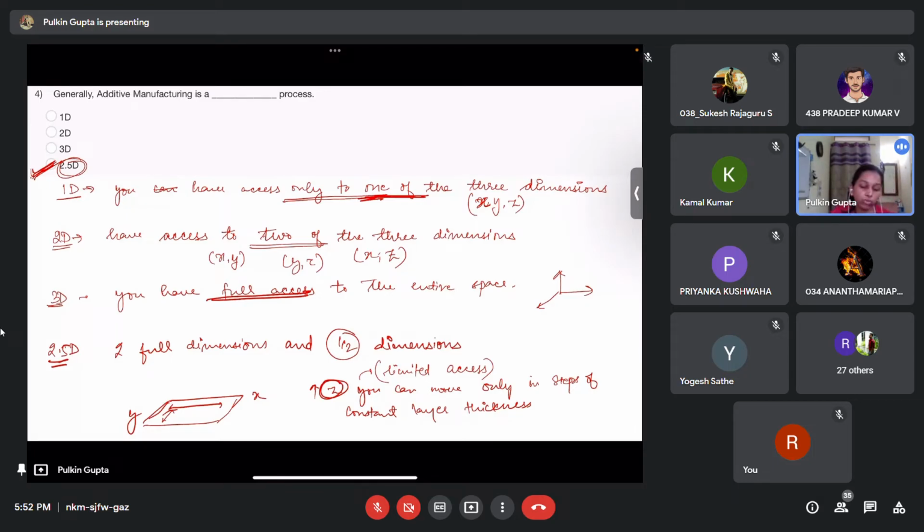Had we full access to the Z axis, it would have been a three-dimensional process, but we cannot go to any layer thickness anytime. If I have selected a layer thickness of 1 mm, then I need to travel in steps of 1 mm only. It cannot be like I travel 2 mm here, then 1 mm here, then 3 mm here. No, it cannot be done. So it is a 2.5D process.